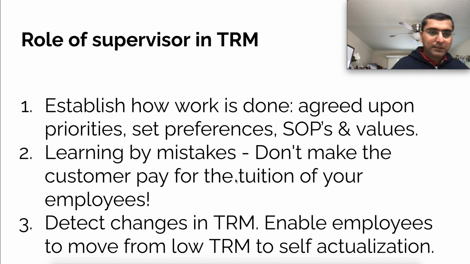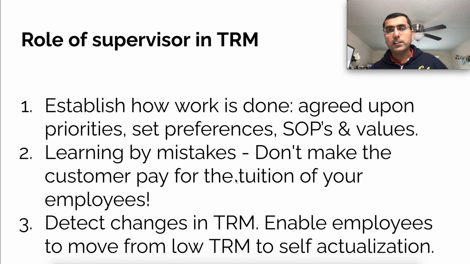And the last bit is to detect the changes in TRM. People have life situations where they could be stressed out at home, or they could have some new responsibilities which could change their TRM drastically. So as a leader, your role is to detect that, hey, your high performing, high TRM person just went into a medium, or medium went to a low.